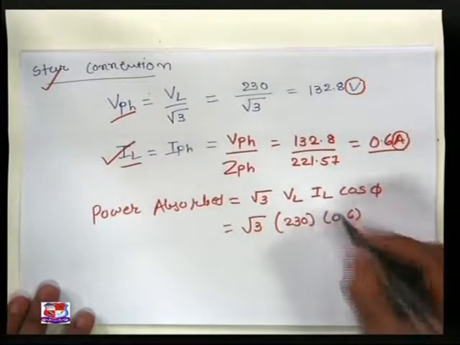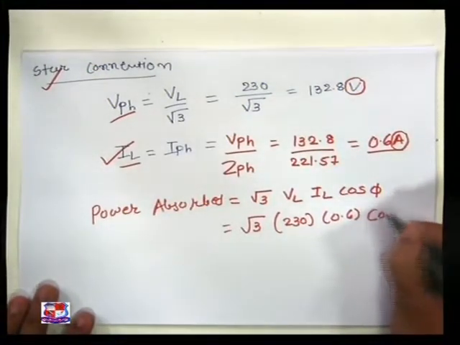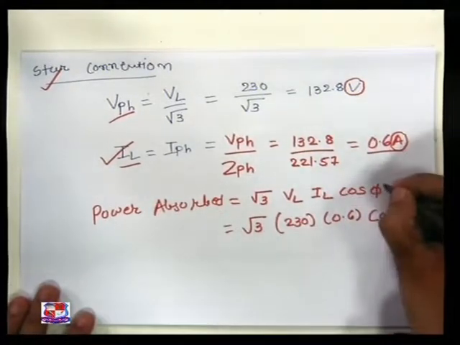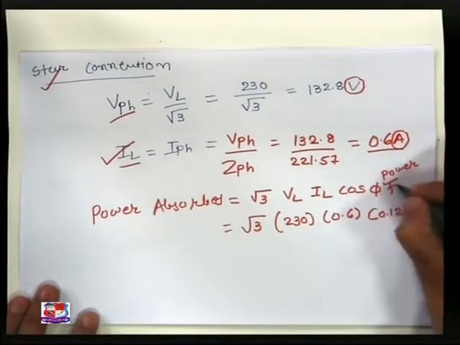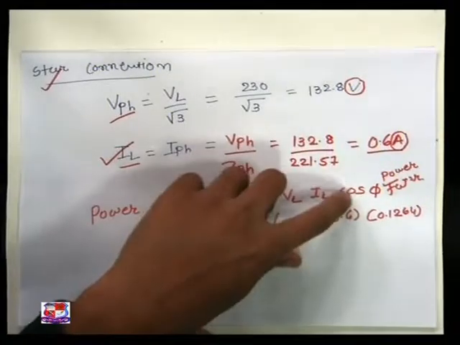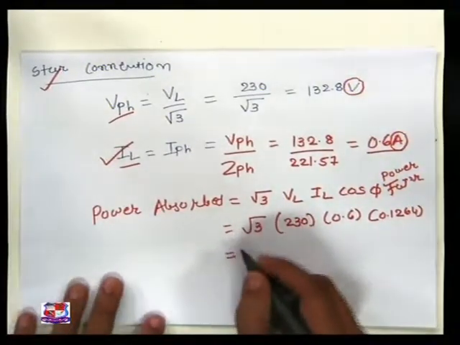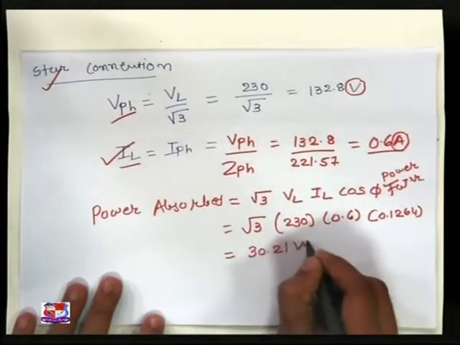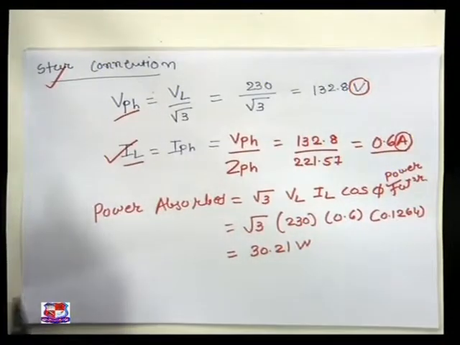So 0.6 into cos phi, where cos phi is 0.1264, our power factor. So we get the value of 3.21 watt.